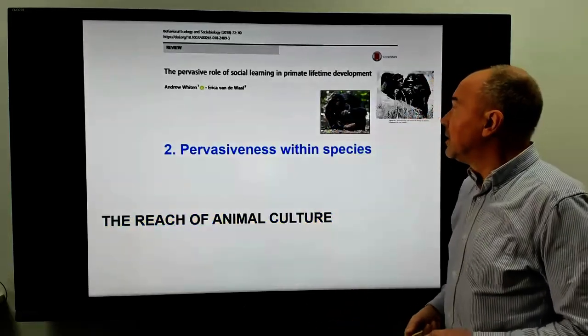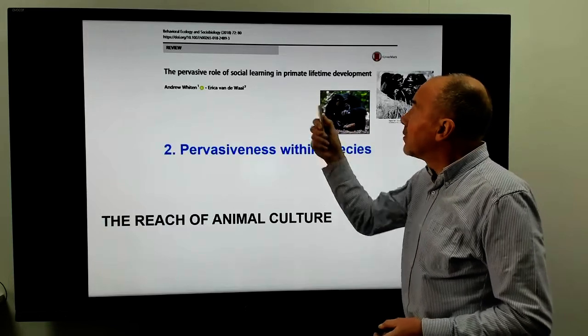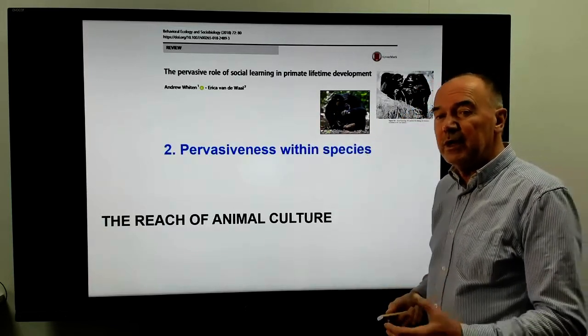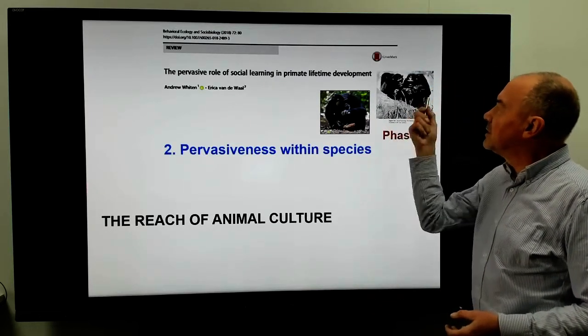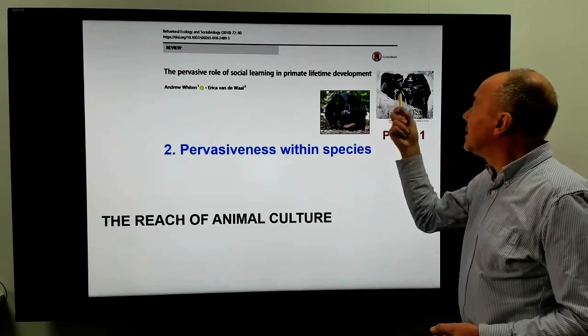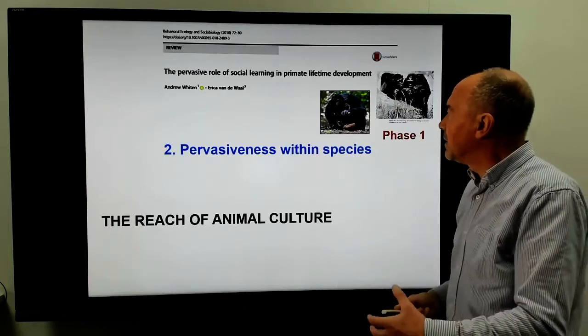For example, in a review recently by myself and Erica van de Waal, we looked at this across primate lifetime development and divided this up into 3 main phases. The first phase is the one illustrated by photographs like this, where a youngster is very intently focusing on what their mother does.